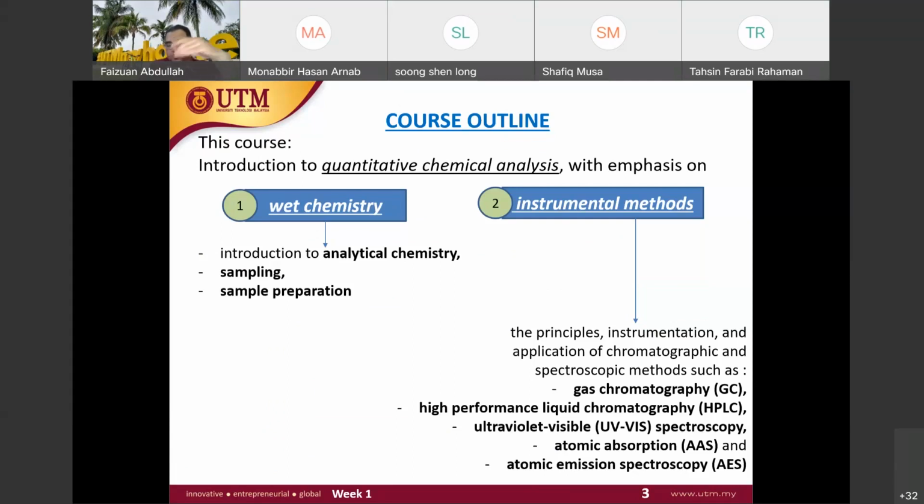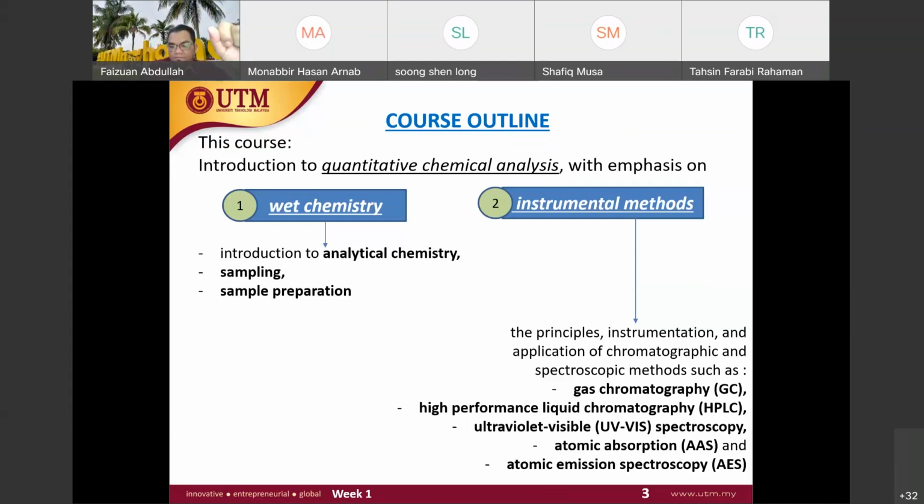It is all instruments, guys. We humans create these instruments, right? Gas chromatography is an instrument. High performance liquid chromatography, HPLC, is also an instrument. Ultraviolet visible spectroscopy is also an instrument, a machine, right?